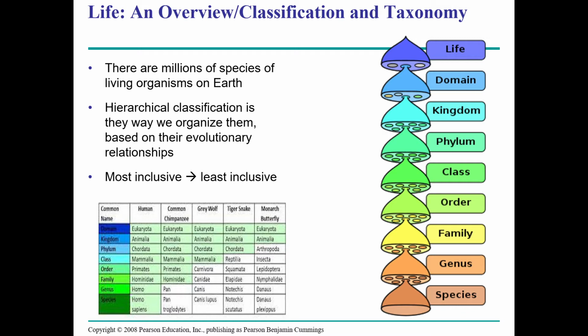And so how do we, as biologists or even environmental scientists or environmental biologists, get a handle on categorizing all of the living things on our planet? Well, of course, we're not the first ones to think about this. This has been thought of for hundreds of years.